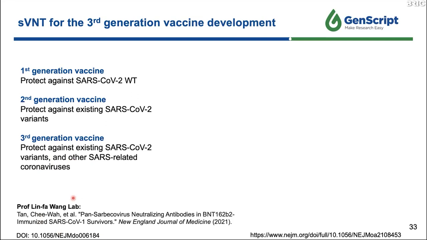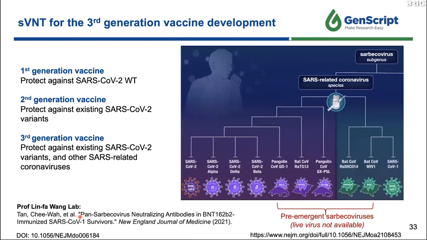So in this study that's published in the New England Journal of Medicine by the cPass inventor, they actually investigated the neutralization antibody response not only against the SARS-CoV-2 virus and also the SARS-CoV-1 virus. As we know, the SARS-CoV-1 virus is the one that is responsible for the SARS outbreak in 2003.